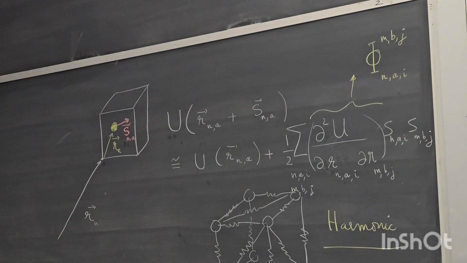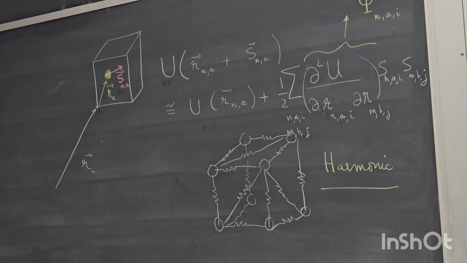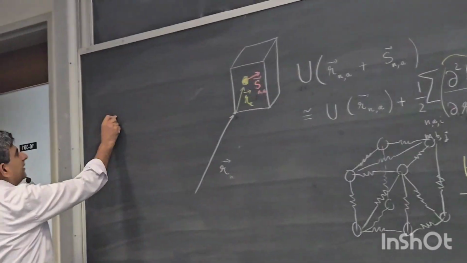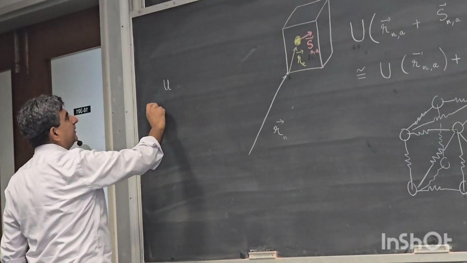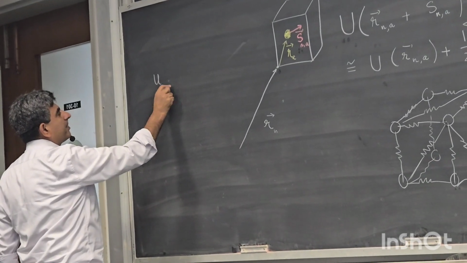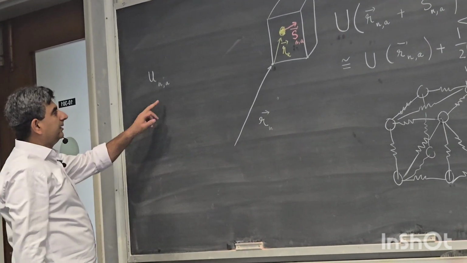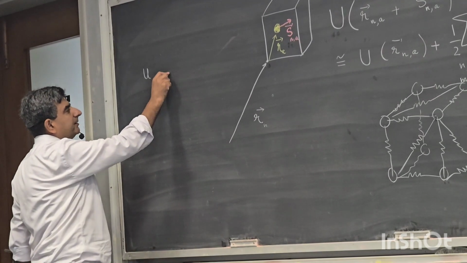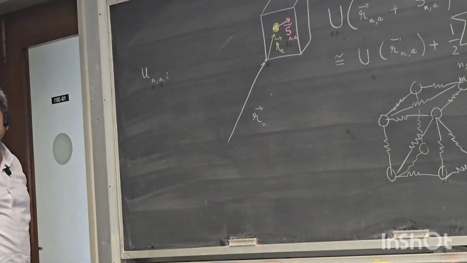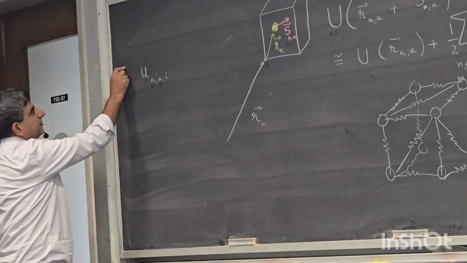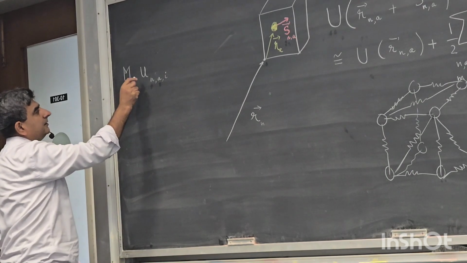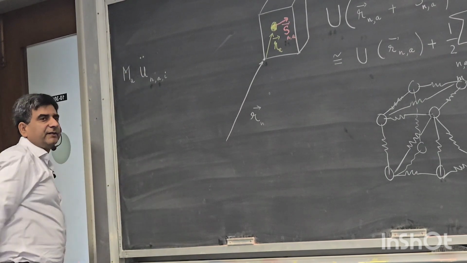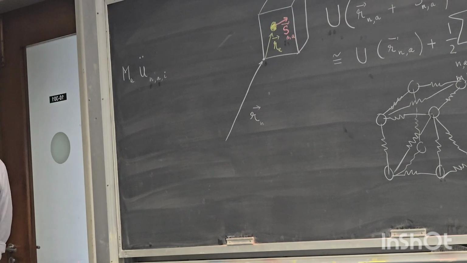Now what we would like to do is write down an equation of motion. The equation of motion, of course, for say the αth atom belonging to the nth unit cell, say we focus on one dimension i, you multiply the mass with the double derivative of the displacement. This must be equal to a force.